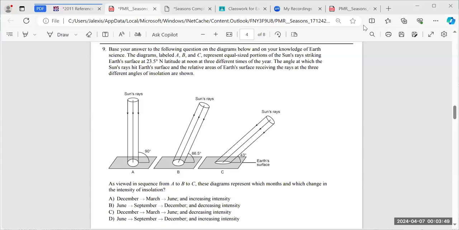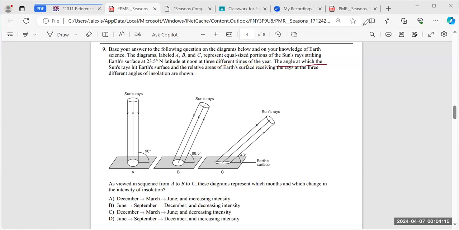Number 9 says, base your answer to the following questions on the diagram below and on your knowledge of earth science. The diagrams labeled A, B, and C represent equal size portions of the sun rays striking Earth's surface at 23.5 degrees north latitude at noon at 3 different times of the year.